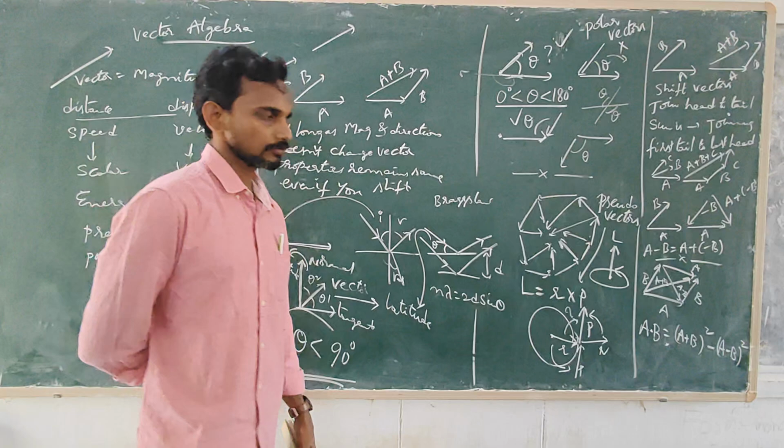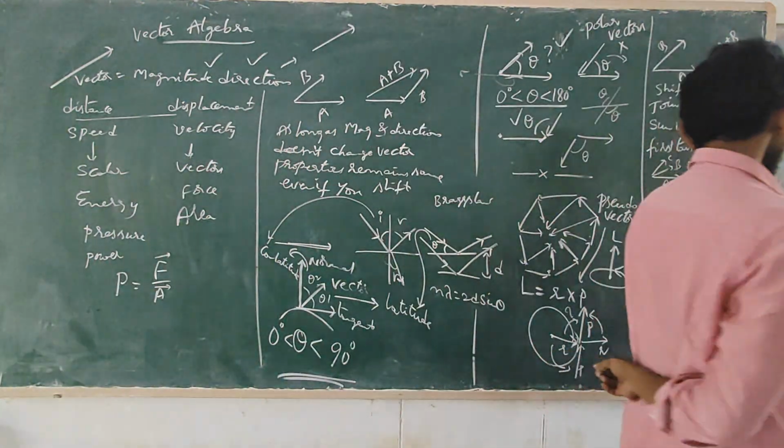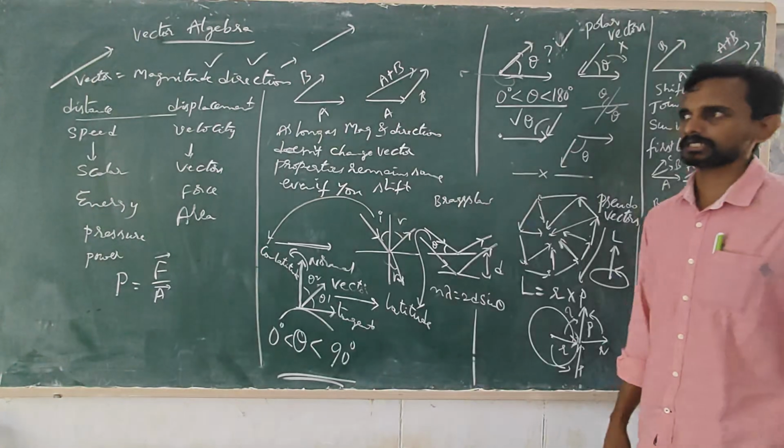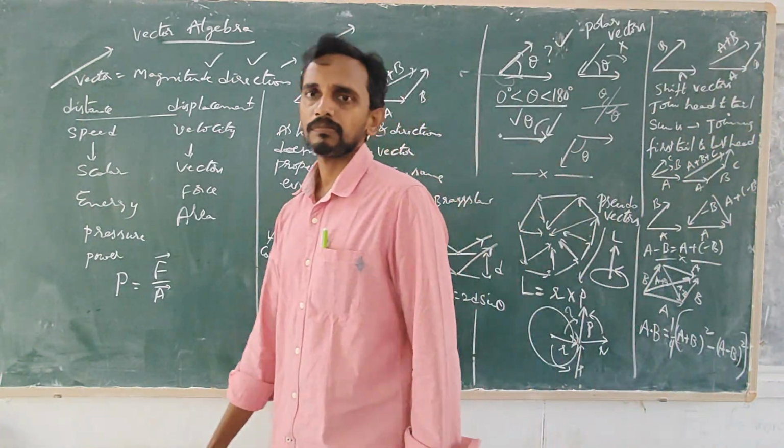A square plus b square plus 2ab minus a square plus b square minus 2ab. We get 4 times ab. So if you divide this by 4, we get a dot b. The dot product of two vectors can be calculated from the parallelogram law.